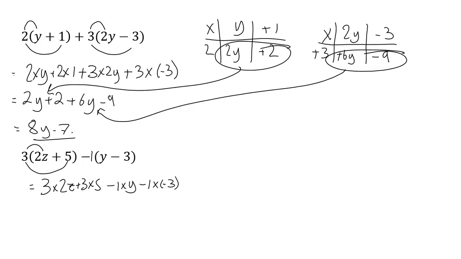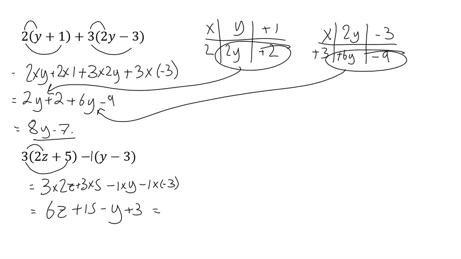There's a little trick for you. If the bracket's shut off like that, you have to imagine there's a 1 hidden outside, or in this case, a negative 1 because I'm subtracting. If I then do this and I simplify everything, I'd have 6z plus 15 minus y plus 3. And I simplify everything together. Now the one thing you need to make sure you watch is the z's and the y are different.